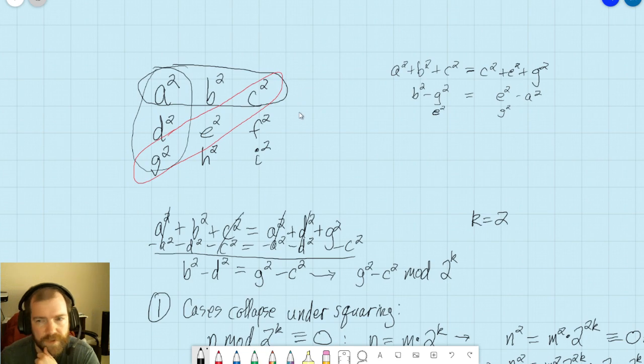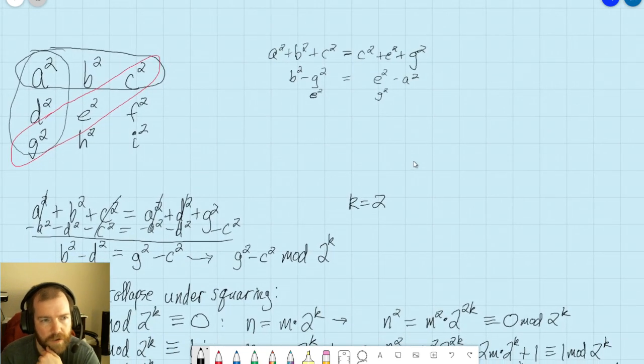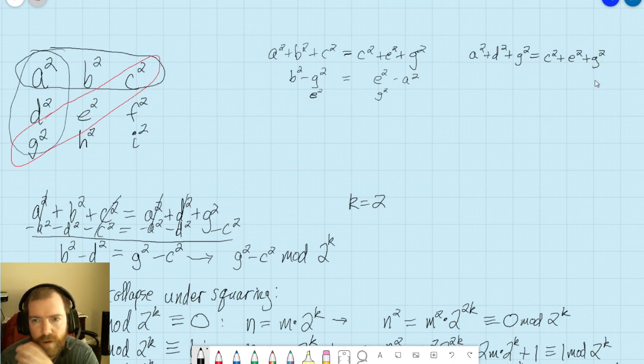But then at the same time, we have ADG in the column. C squared plus E squared plus G squared. All right, G squareds are out. And then we move the first one that's remaining.